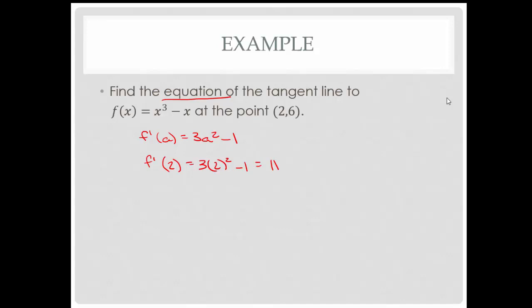So the equation of the tangent line is y minus the y value equals the slope times x minus the x value, which if you then simplify, you'll get 11x, minus 22, and plus 6, for a minus 16. That's the equation of the tangent line. So once you've gone through and found the derivative, you've got the capability of finding the slope of the tangent line at any point.